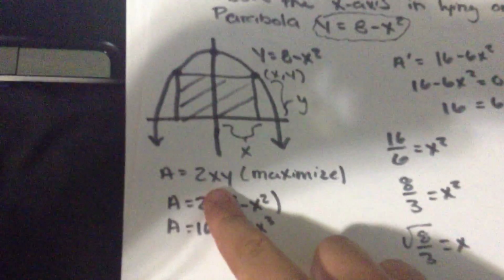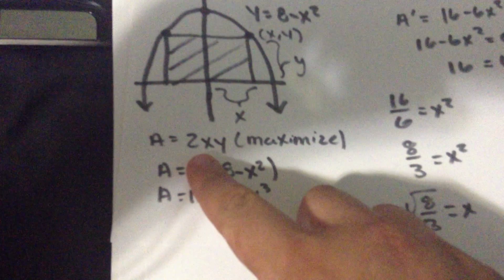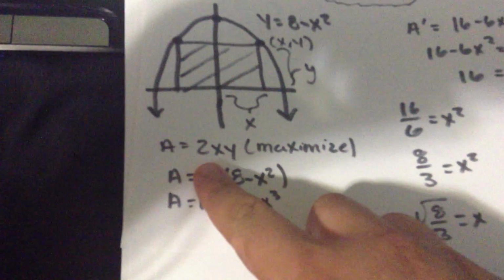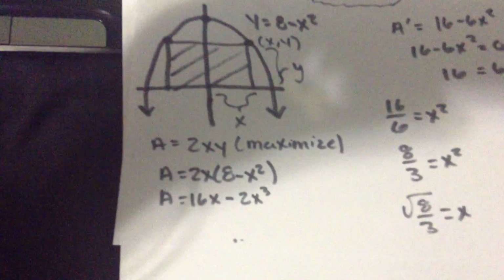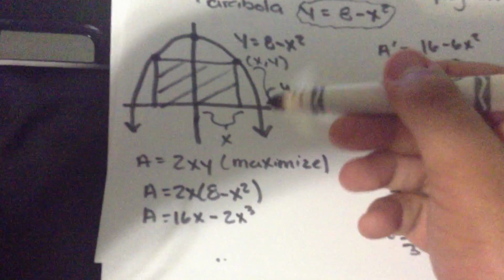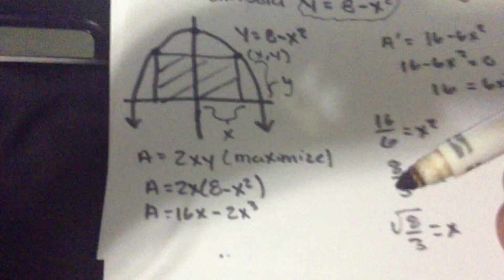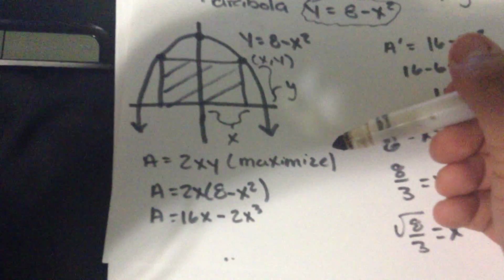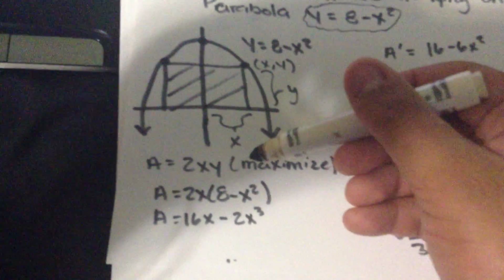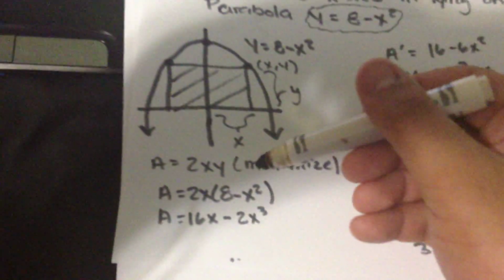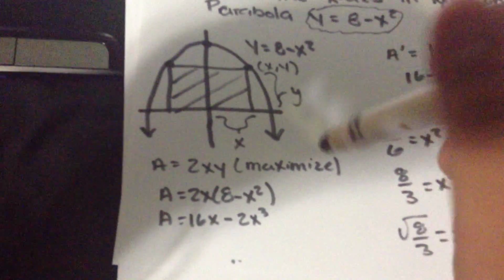So the area should be double, so 2xy, which will be your maximize. And this is what you have to take the derivative of.